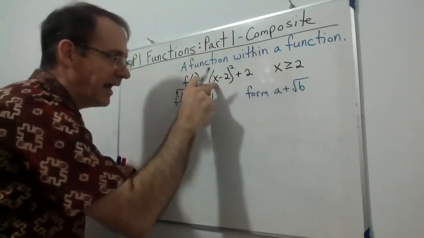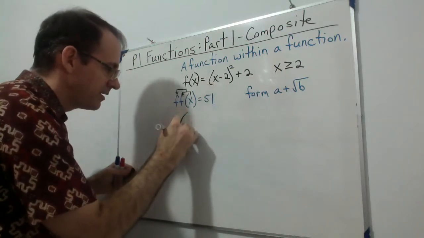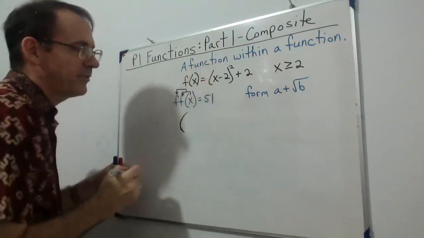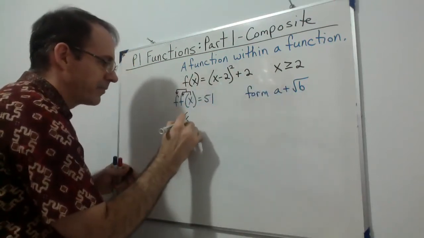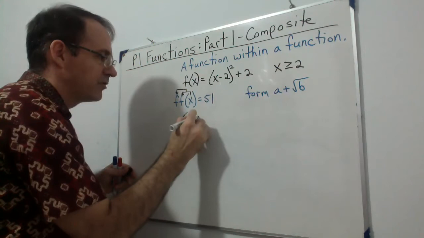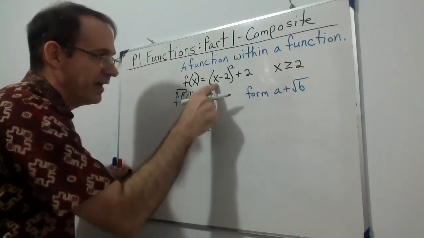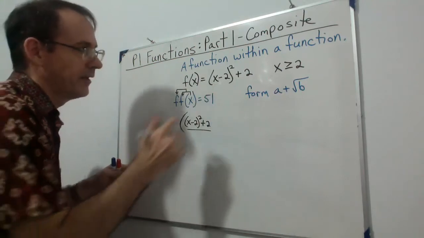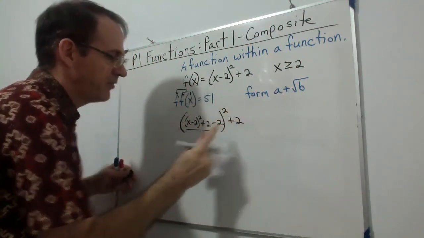All of this has to go into this x. So this is this big outer parenthesis. Now x is all of this, x minus 2 squared plus 2. This is the x. Minus 2 squared plus 2.